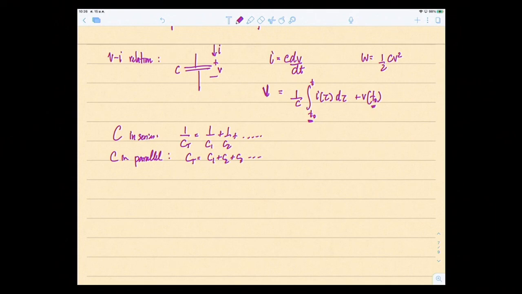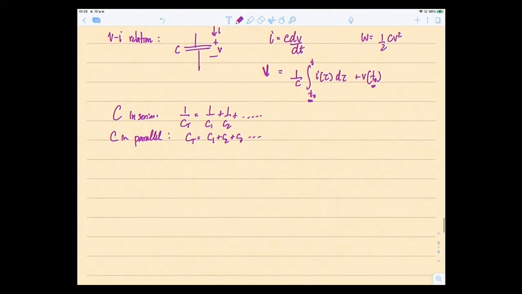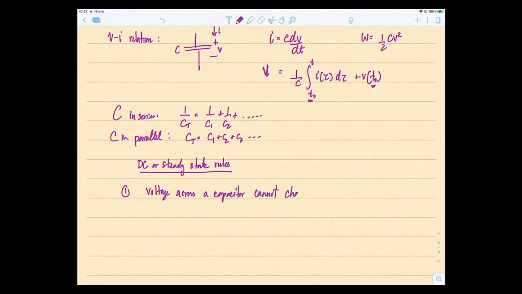Also, we have defined some rules for capacitor, the DC or steady state rules. Number 1: voltage across a capacitor cannot change instantaneously.